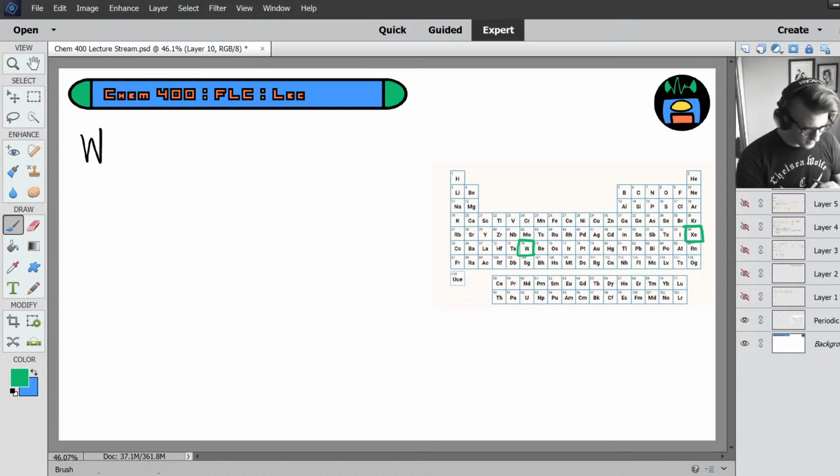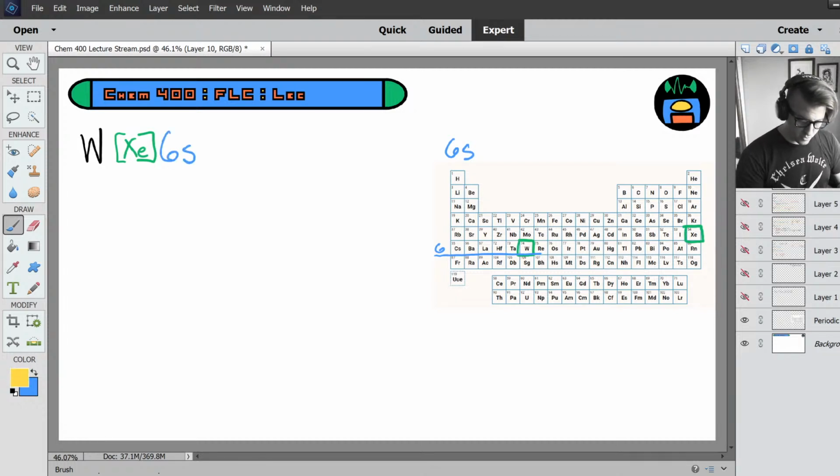Anyways, let's do the electron configuration for tungsten. We're going to start with a xenon core. Let's look at the period we're on. We are on the 6th period, so we're dealing with 6s.